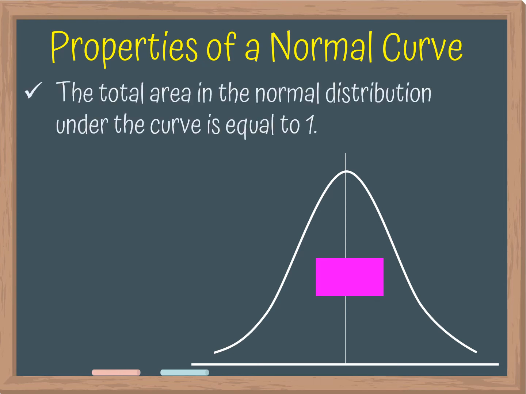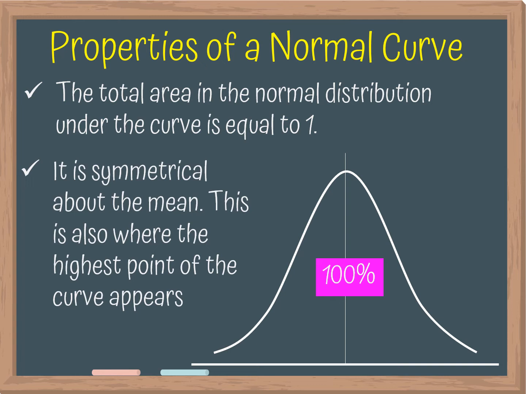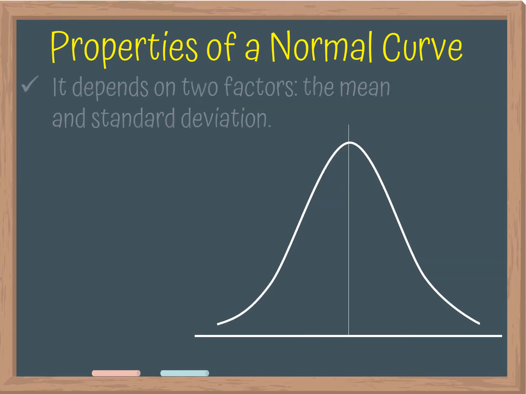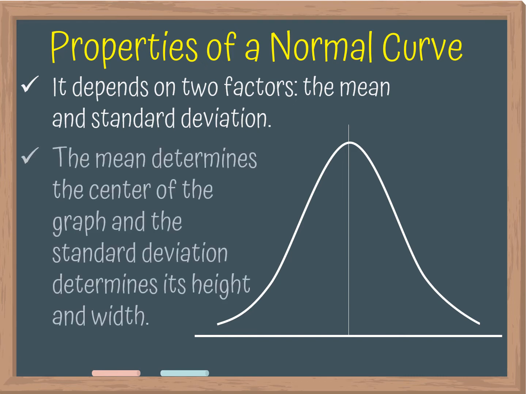Next, the total area in the normal distribution under the curve is equal to 1 or 100%. It is also symmetrical about the mean. This is also where the highest point of the curve appears. It depends on two factors, the mean and the standard deviation.